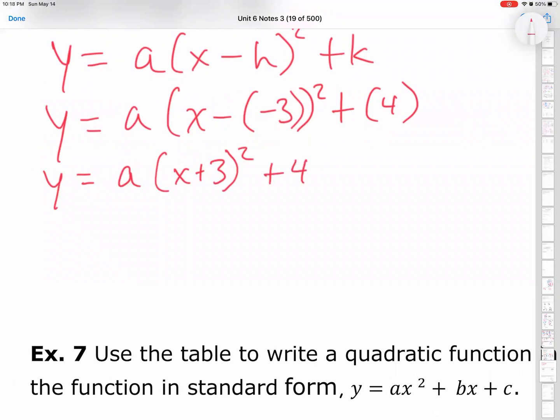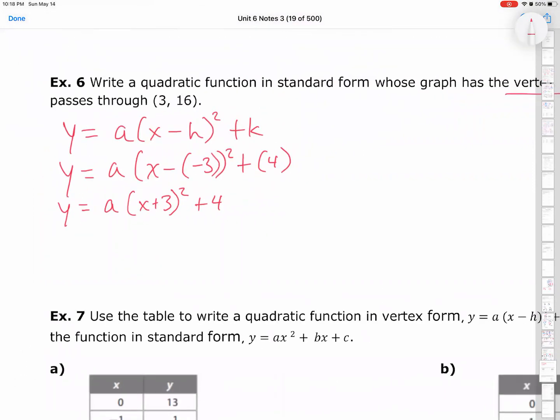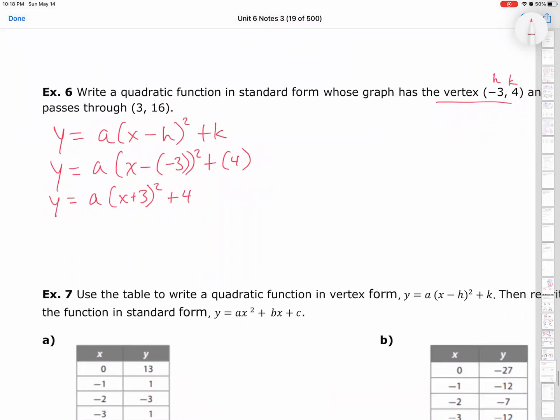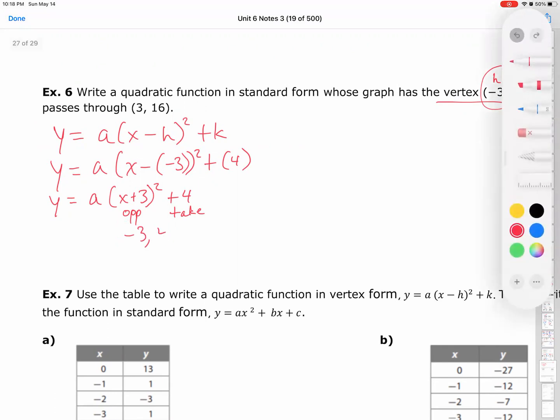And so far, this actually should resonate with what we've talked about in the past. Remember how we would always take the opposite of this value? And then this guy, we would take it just as it is. And lo and behold, that is what's happening. So that's how we get that -3, +4 there for that vertex. But again, that's been a while, so we'll just want to do a quick refresh there.